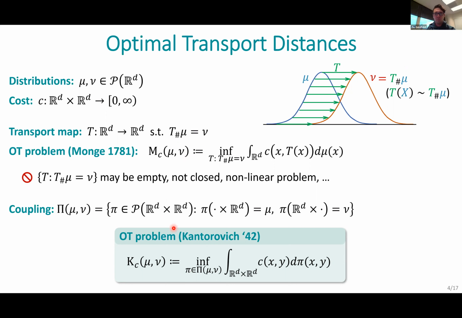But perhaps even more importantly, notice that the Kantorovich formulation leads us to an optimization objective that is linear in pi, which is optimized over the set of couplings, which is defined by constraints that are linear in pi. These are just integrals. So all in all, what you arrive at here is an infinite dimensional linear program.